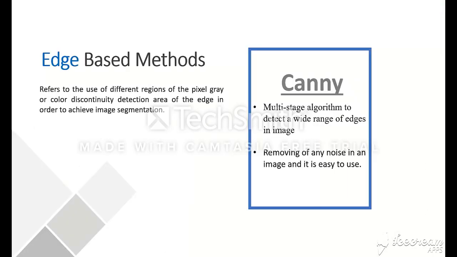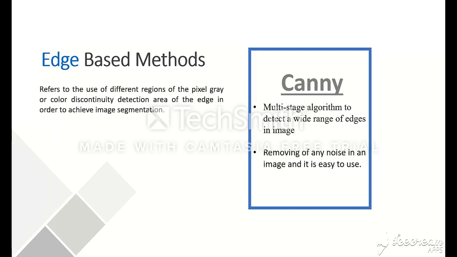Edge detection algorithm refers to the use of discontinuity detection in different regions of the pixel gray or colors to find the edge area in order to achieve image segmentation. The Canny edge detector is among the edge detection methods proposed.